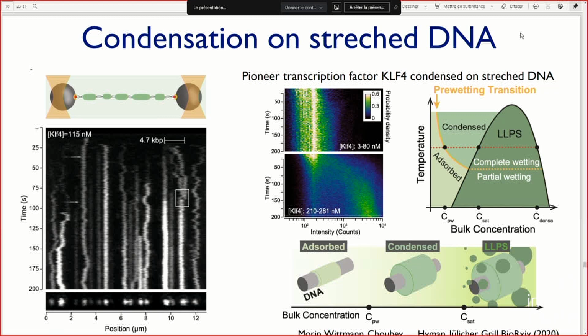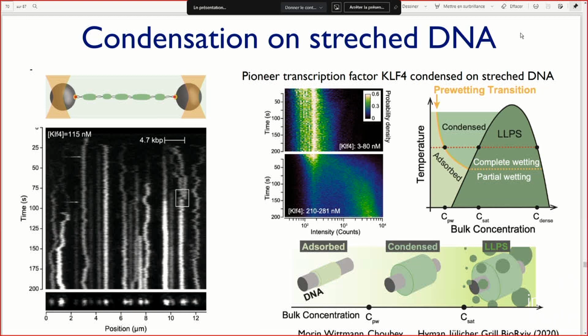And here the picture that arises is that we see something like a pre-wetting phenomenon, in the sense that there is an ability to form condensates below the saturation concentration, where it would form macroscopic droplets in the bulk, because it is sort of helped by the surface interactions to bring molecules in proximity.